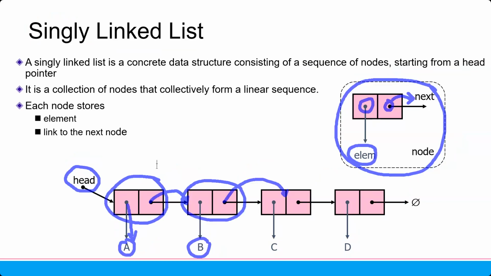We call this a node, another node, another node. Every node has an element and a pointer. We call this a pointer to the next. So each node stores an element, and then a link to the next node.